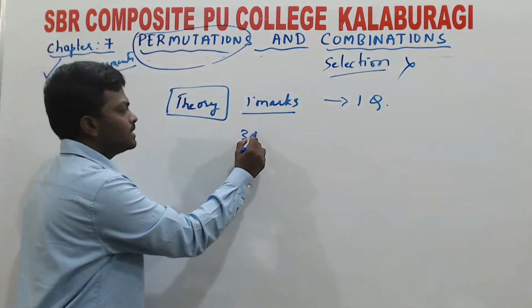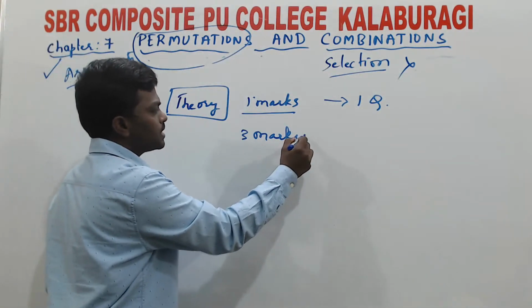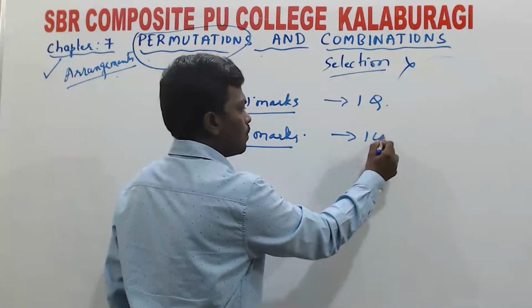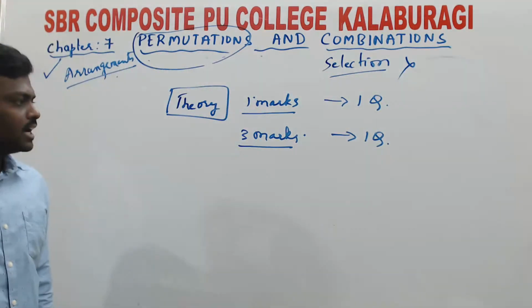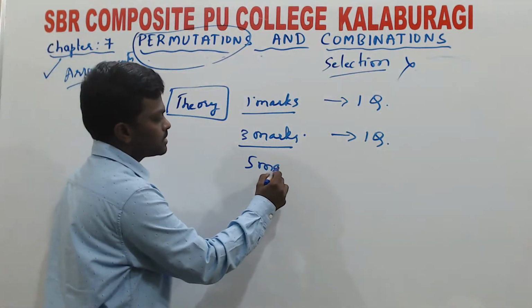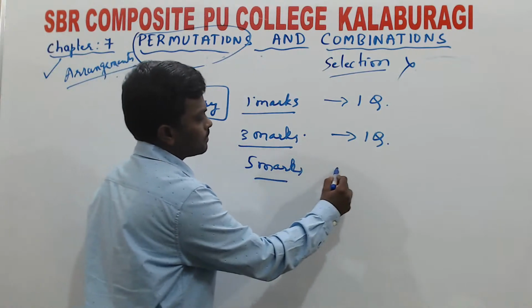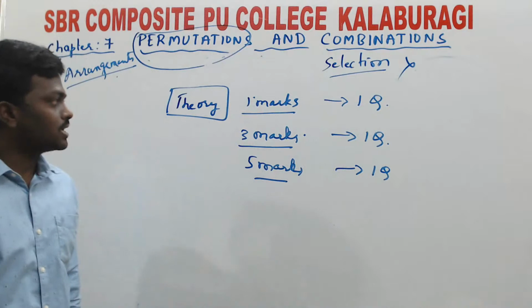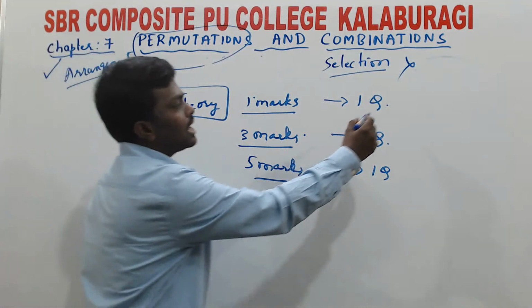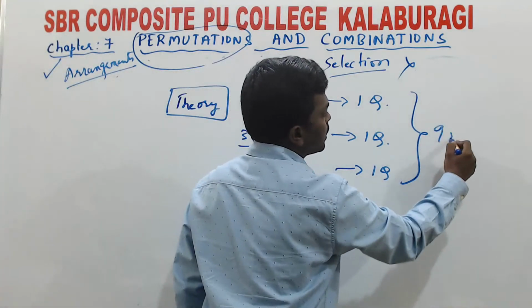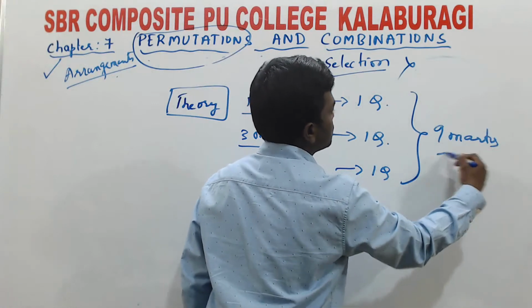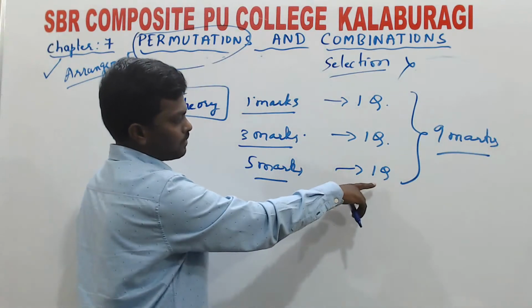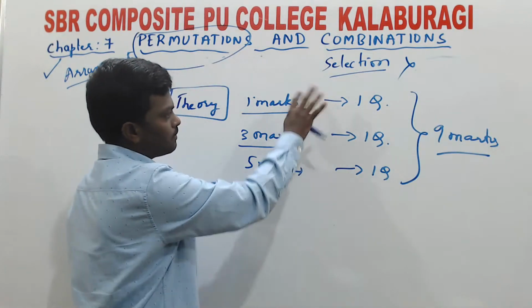In the 3 marks section, one question is definitely asked, and in 5 marks also, one question is compulsorily asked. So the total number of marks that you can score here is 9 marks. Is that clear? So one question each: 5, 3, 1.